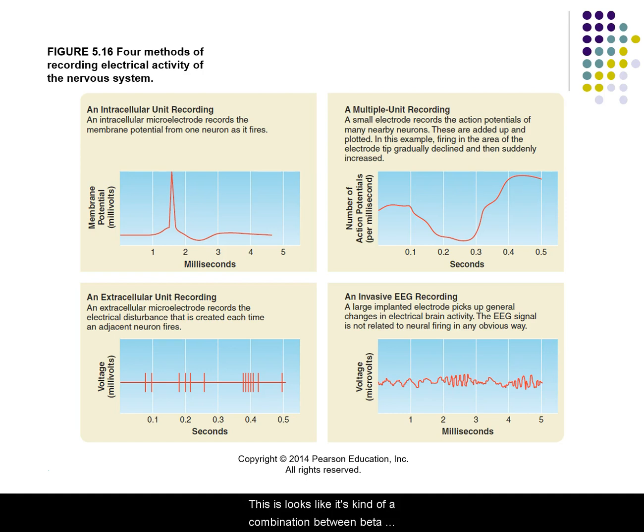This looks like a combination between beta and alpha rhythms, but it's going to be more specific to an activity. So if you have the individual close their eyes or speak, and one of those areas lights up, like occipital lobe, visual cortex, you're going to get a better picture this way than just through those scalp electrodes.